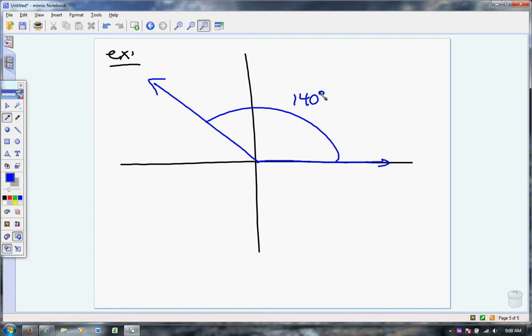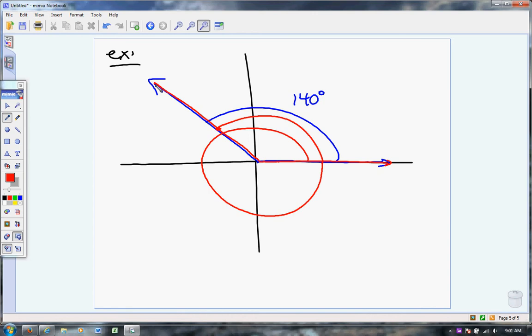If this is my first angle, then if I started here with the second angle and swung all the way around, which is of course 360 degrees, and then swung around to that point right there so that I still had the same terminal side, that would also be a pair of coterminal angles.